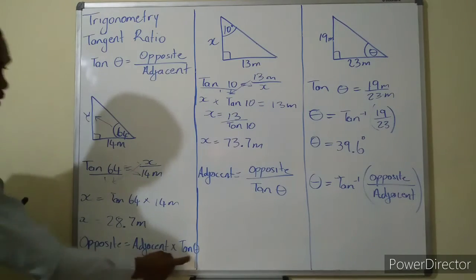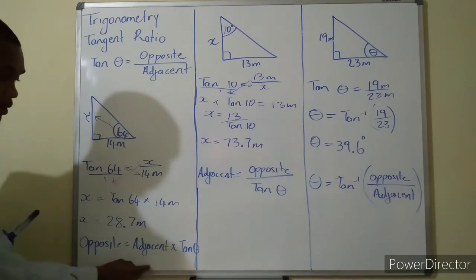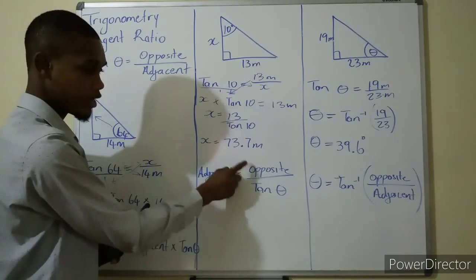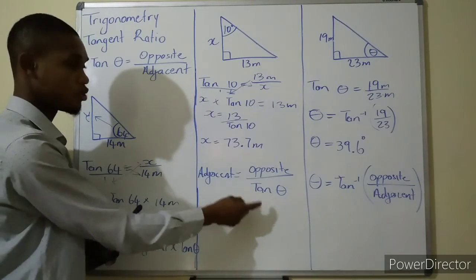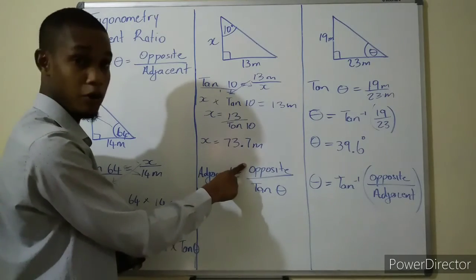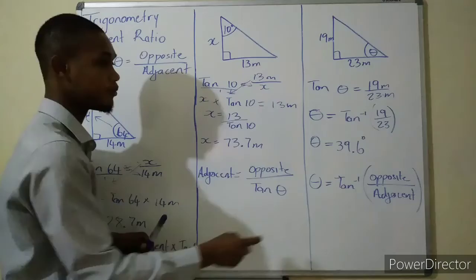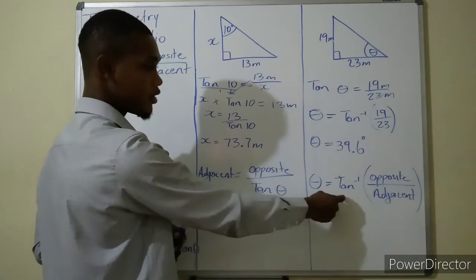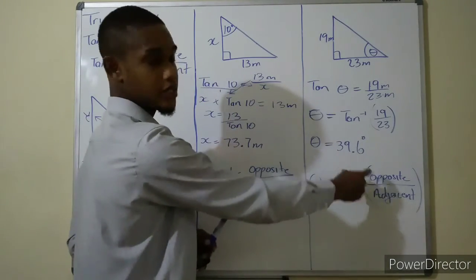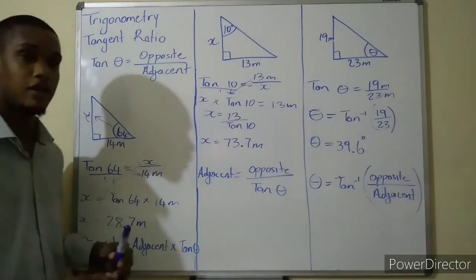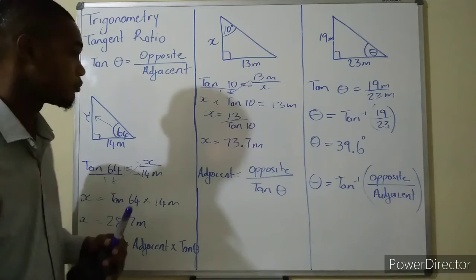And please remember, the order for multiplication does not matter because it's commutative. For division, however, you must ensure that the order is correct. You cannot have tan theta divided by opposite. It must always be the opposite side divided by tan theta. And where it's inverse, it should always be the opposite divided by your adjacent, because otherwise you are going to be given an incorrect answer.